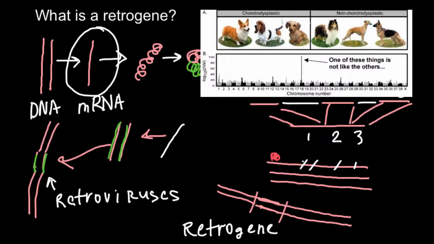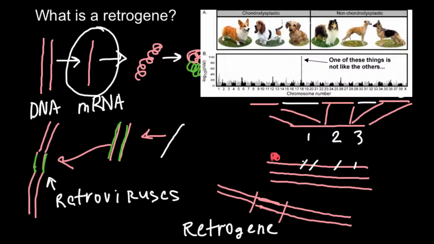So this is normal sized dogs and this is dwarf dogs. Now we can compare genomes using the genome-wide association method, and scientists have found that one of the genes in dwarf breeds of dogs is present, and absent in normal dogs, and this is a retrogene called FGF4.